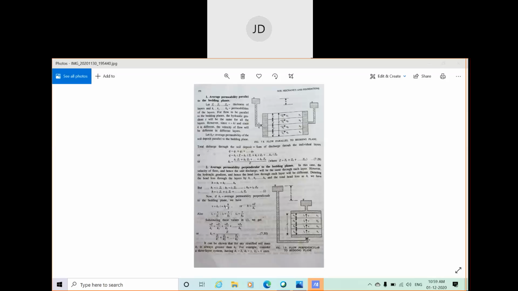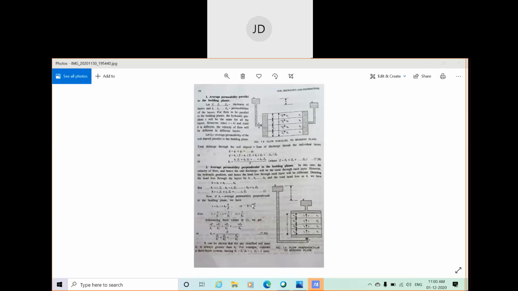Okay, and in place of I, we can write H by Z. H is the total head, Z is the total thickness of the layer, and it acts as the length traveled by this water. So indirectly we can write H equal to V into Z divided by Kz.